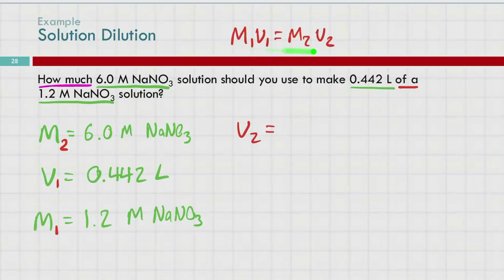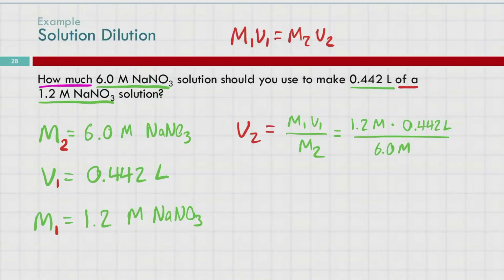To find V2, we rearrange our solution dilution formula. It's going to be M1V1 over M2. And we plug in our numbers. So 1.2 molar times 0.442 liters over 6.0 molar.